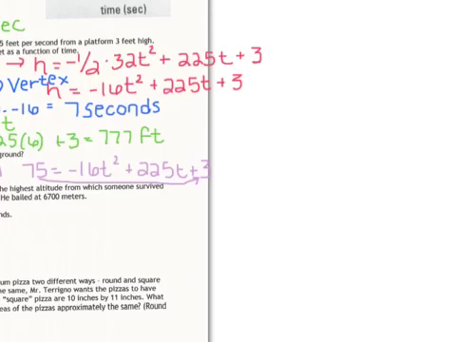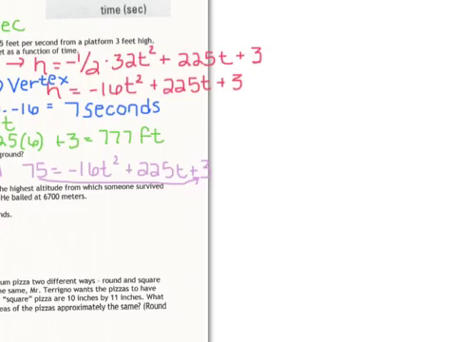I know I wrote an x here because that's what you're used to seeing with the quadratic formula, but remember, in Newton's formula, we use t instead of x. So that's what I got when I did negative 225 plus 214.5. Now if I do negative 225 minus 214.5, that's going to give me negative 239.5 divided by negative 32, which when I divide that, I end up with 13.734.